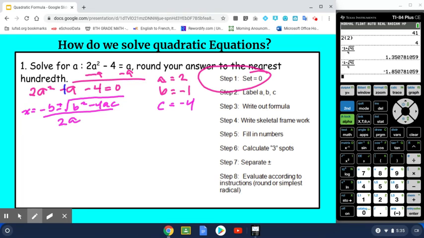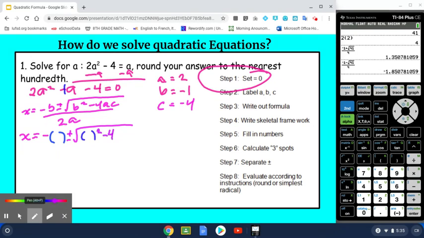Next step 4. Write the skeletal framework. So we're going to keep everything the same. X equals negative, but then I'm going to put a b in parentheses. And then I'm going to put plus or minus the square root of b squared minus 4ac.